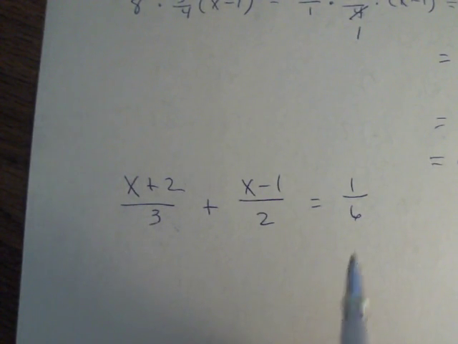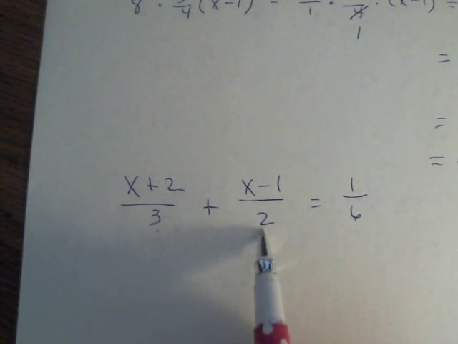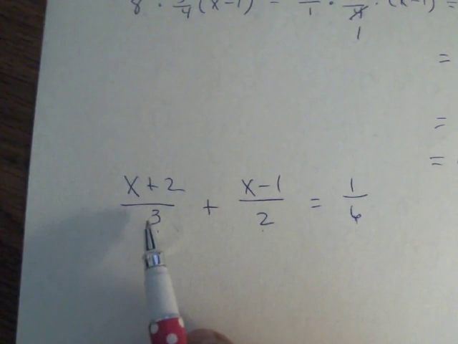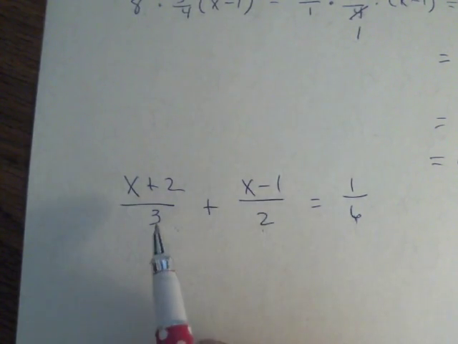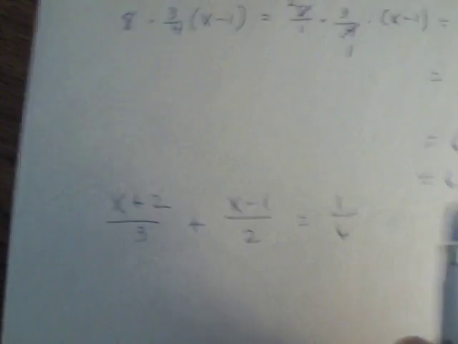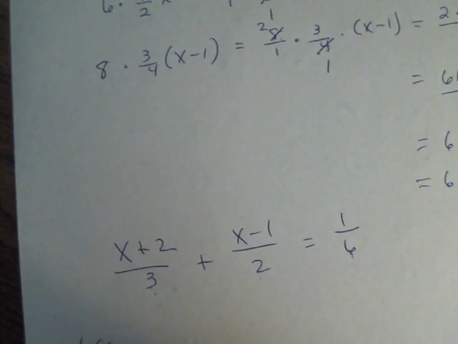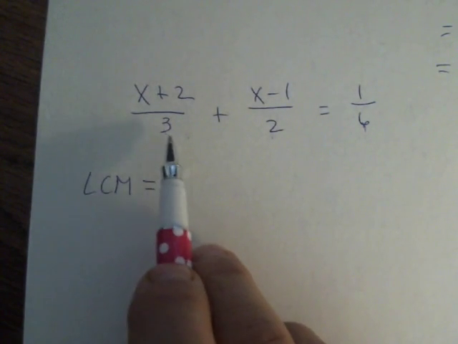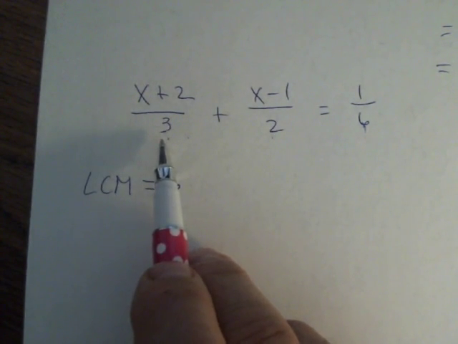So I need to get rid of all this division at one time. Therefore, I have to find a number that is a multiple of 3, 2, and 6. I want to find the least common multiple of 3, 2, and 6. That least common multiple is 6, because 6 divided by 3 is 2.